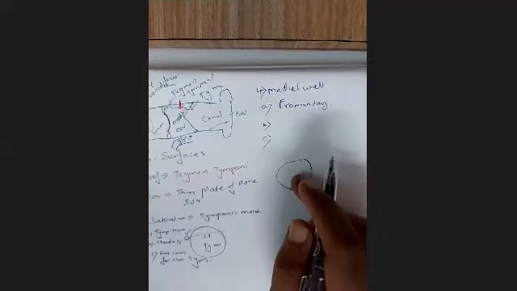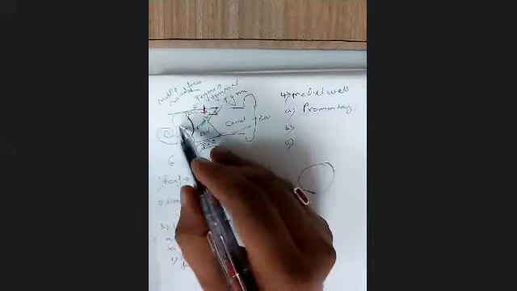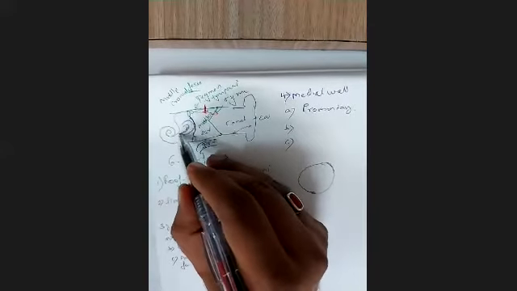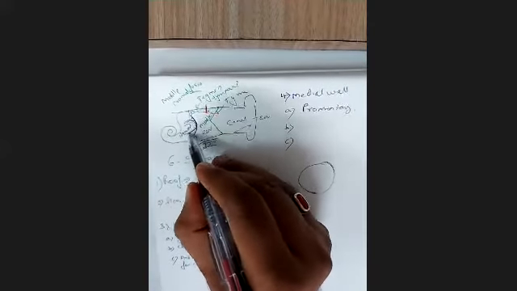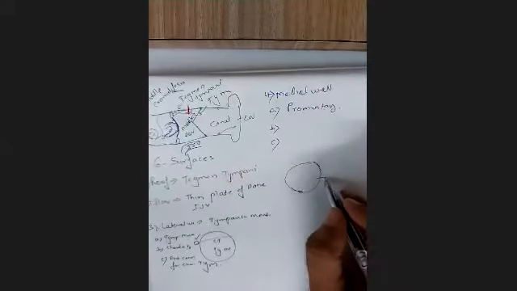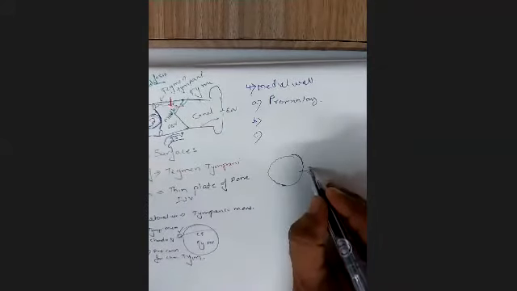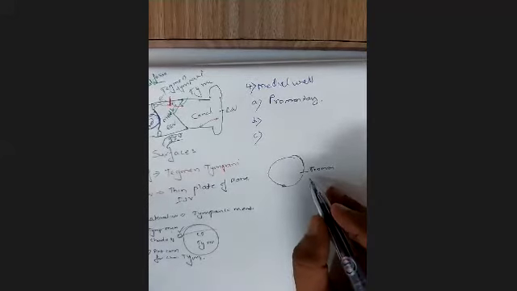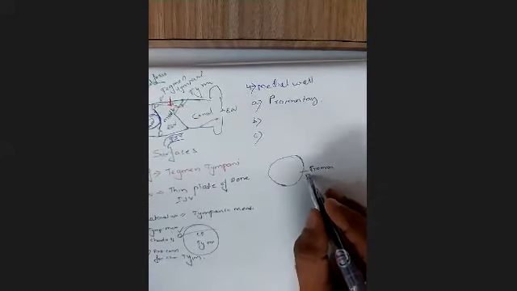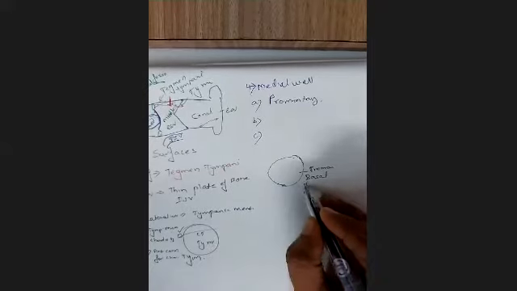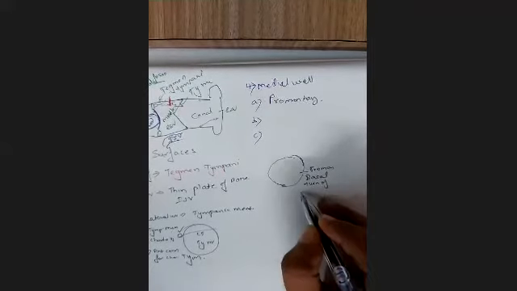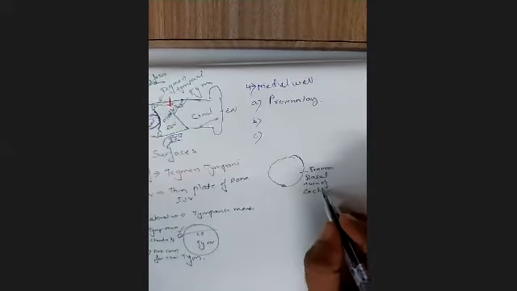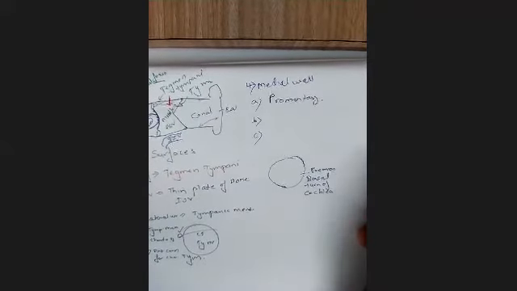This is a bulge I'm showing. What happens is this cochlea which is seen here has many turns, so its basal turn causes the bulge. So this is the promontory. It is formed by the first or basal turn of the cochlea.